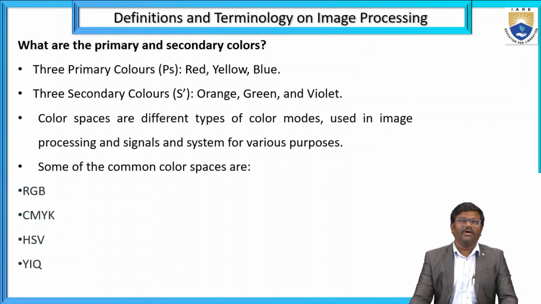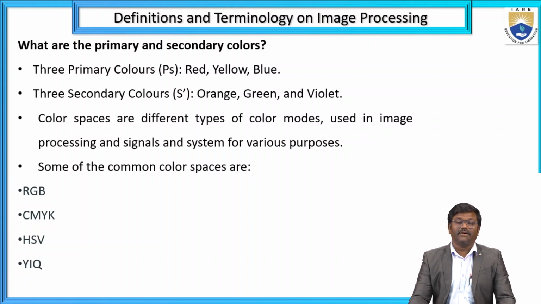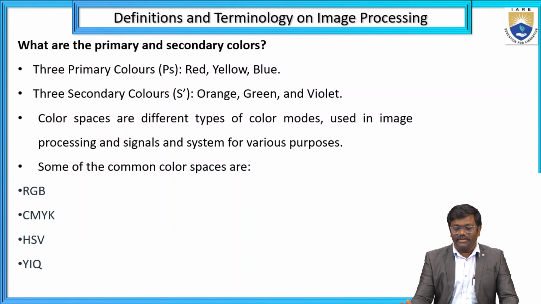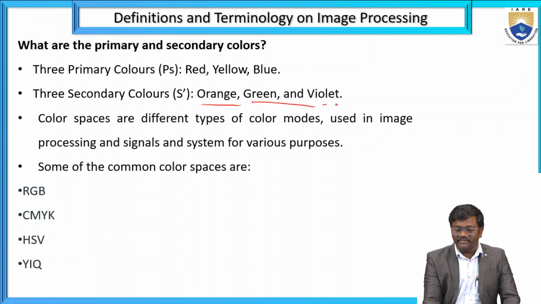We can simply follow this definition: the three primary colors are red, yellow, blue. The three secondary colors are orange, green and violet. Such colors we consider as secondary colors.